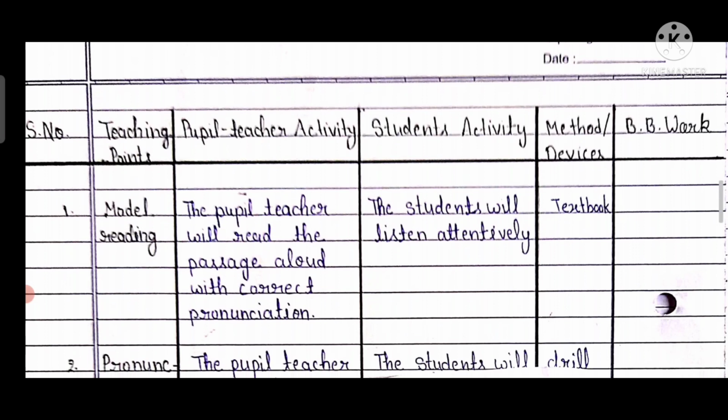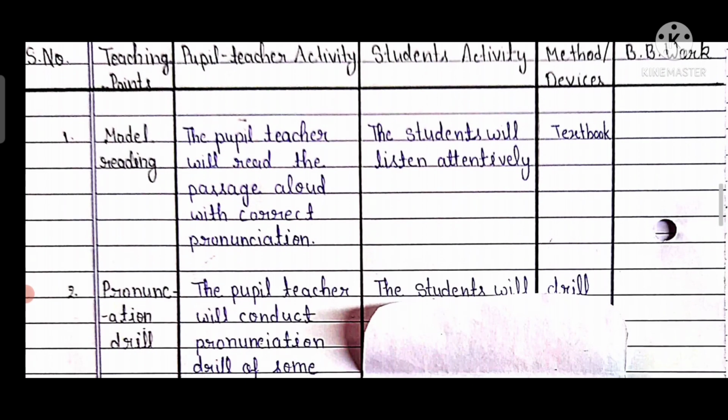In teaching point, the first point is model reading. Pupil-teacher activity, the pupil-teacher will read the passage aloud with correct pronunciation. Student activity, the students will listen attentively. Device and method, textbook method.